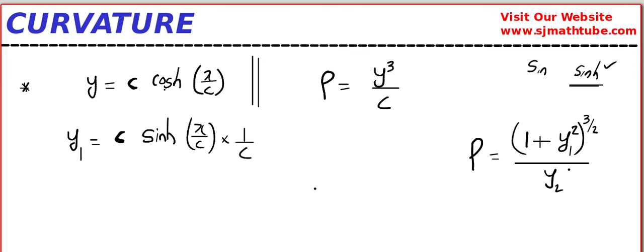Look at this. This is not cosh x. This is cosh of something. And whenever you have cosh of something, you are supposed to apply the chain rule. So cosh of something becomes sinh of the same thing into 1 by c. So y2 will be again cosh.